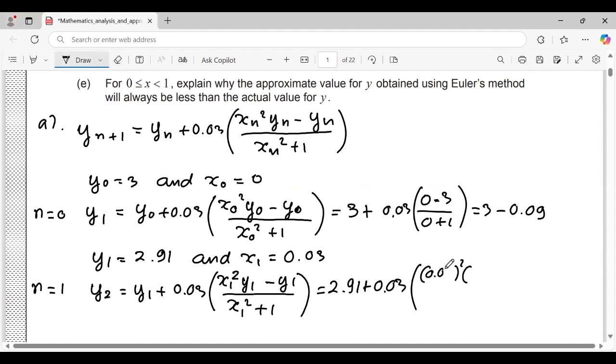y1 is 3, x1 is 0.03. So y2 equals y1 plus 0.03 times x1 squared y1 minus y1 divided by x1 squared plus 1. Zero 0.03, 2.91 minus 2.91 divided by 0.03 squared plus 1.